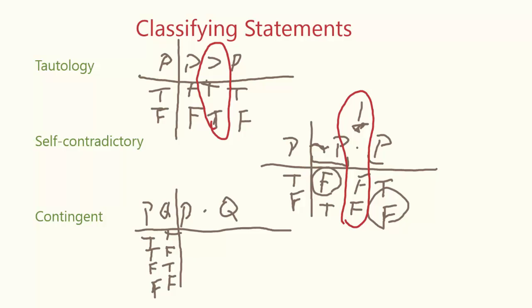The conjunction is true just in case all of its conjuncts are true. So in our first case, where both P and Q are true, our conjunction is true. But we can see that in any of the other cases we look at, we'll have at least one of our conjuncts to be false, so we know the rest of them are going to be false.